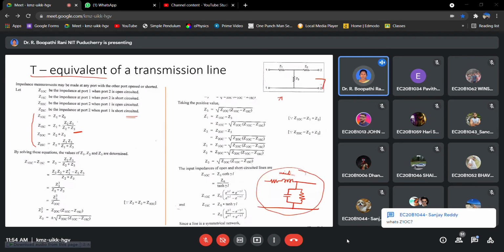If this port is open circuited, OC. If this port is short circuited, SC. If it is open circuited, then Z1 will not come. Z2, Z3 will be in series. So Z2 OC is Z2 plus Z3. And Z2 SC will be Z2 plus Z1 Z3 divided by Z1 plus Z3. Is this clear to you? Four equations.